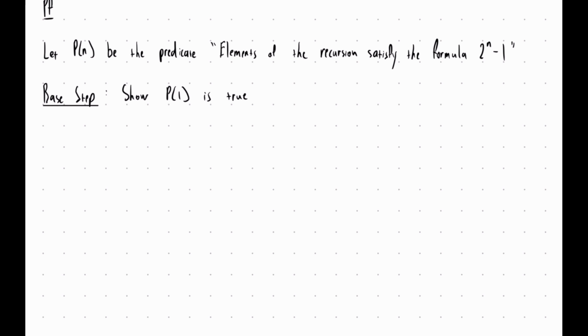Comma. See that? Two raised to the 1 minus 1 is 1 right there. So yes, the first element of the recursive definition is the same as when you plug in 1 for n in the formula.